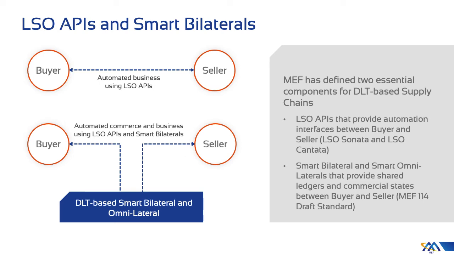Open standardized LSO APIs have been defined for two areas, what we call in our reference architecture LSO Sonata and LSO Cantata, for things like address qualification or address validation, product offering qualification, site serviceability, quote, order, inventory. And we're extending that now to trouble ticketing and product catalog and billing and settlement.